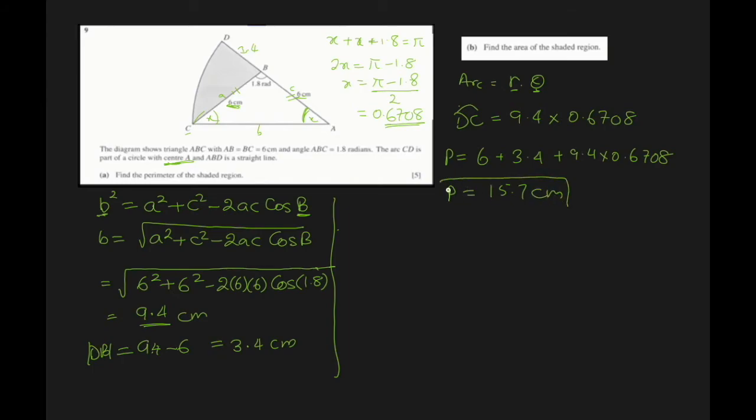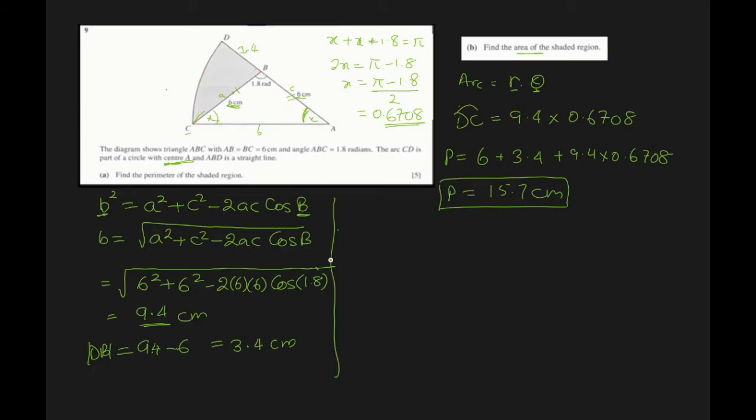This is the perimeter. Let's talk about the B part, which asks about the area of the shaded part. Now the plan for area will be that I will find the area of the whole sector, and then I will subtract this white part, which is an isosceles triangle, from it, and I will find the area of the shaded part.